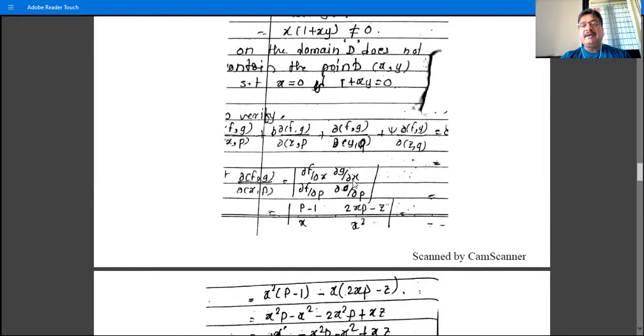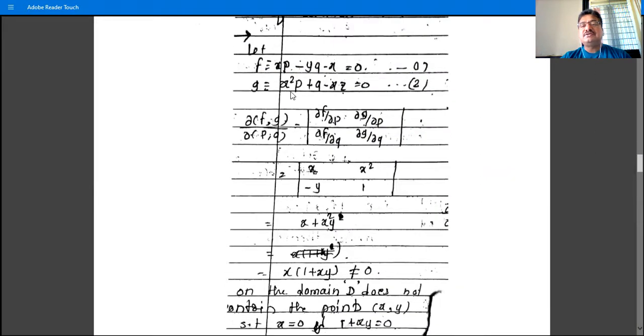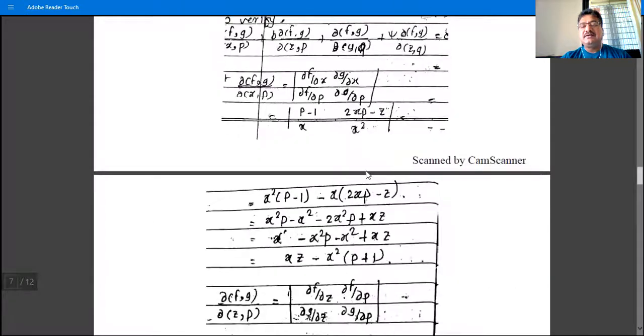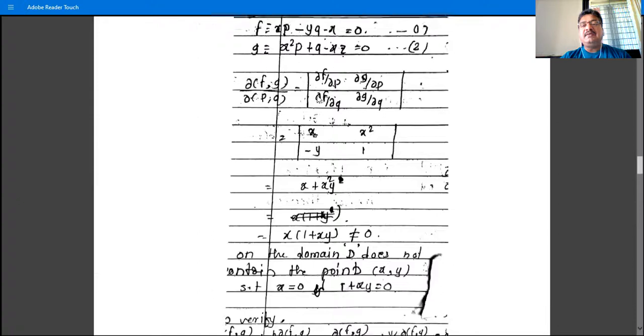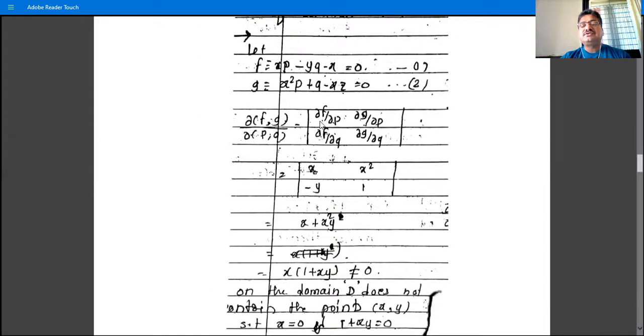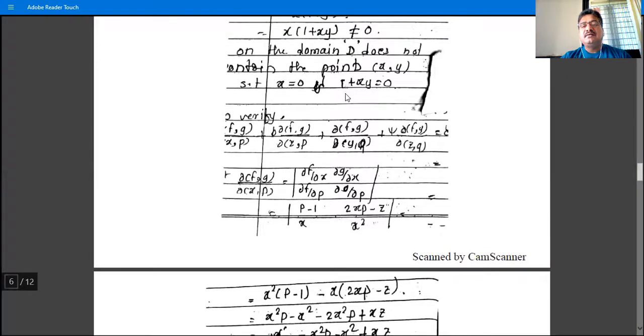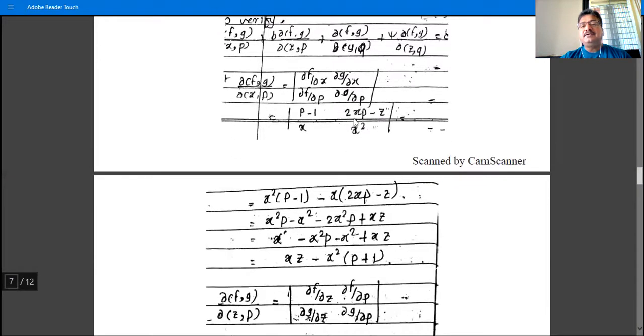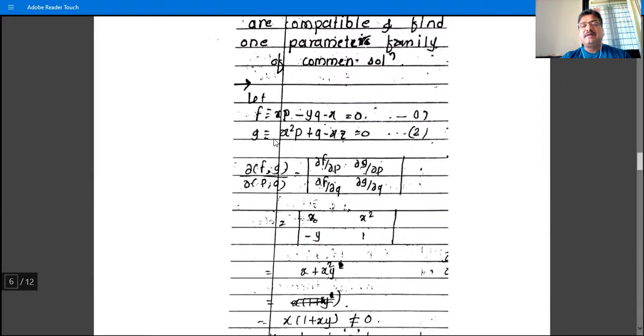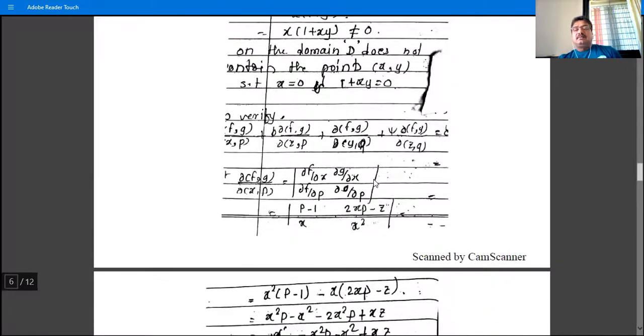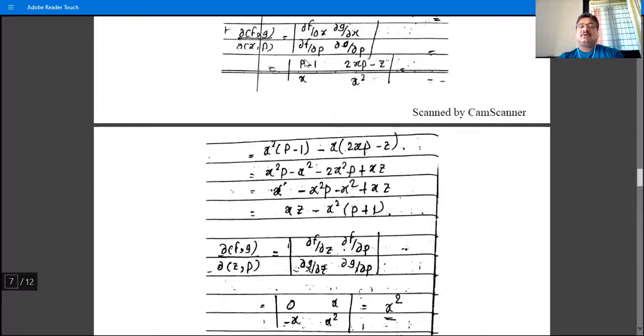And ∂g/∂x is twice xp minus z, and ∂g/∂p is x square. Solving this determinant, this into this minus this into this, we have the answer xz minus x square (p plus 1). All right, this is the answer.